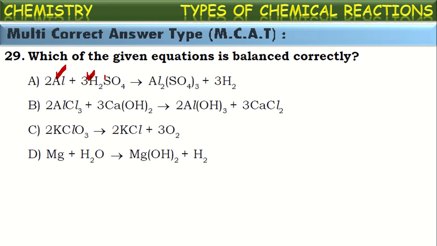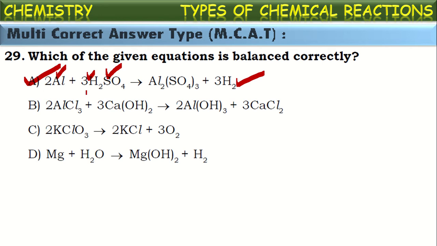Now the sulfate radical, the entire radical you can count as one unit. In one molecule there is one sulfate ion. Totally three molecules are there, so there are three sulfate ions on the left hand side. In the right hand side also there are three sulfate ions. So sulfates are also balanced. Now we can say it is one of the balanced equations.